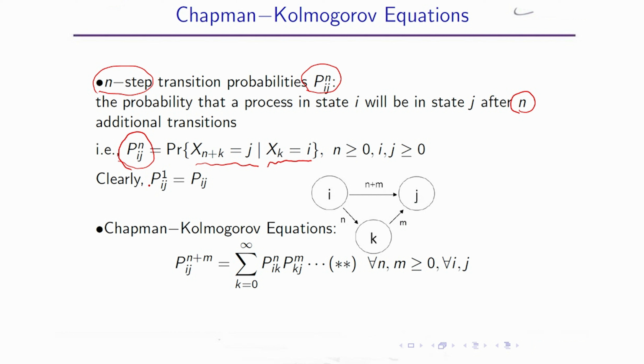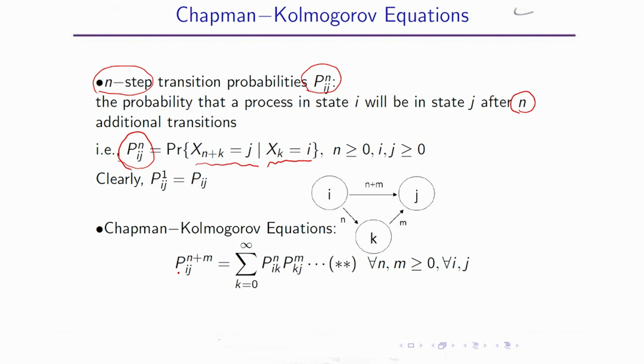So clearly, P_ij^(1) is equal to P_ij, so we can just omit the 1 here. The Chapman-Kolmogorov equations describe that P_ij^(n+m) is equal to the summation of P_ik^(n) times P_kj^(m), and we sum over all possible k.